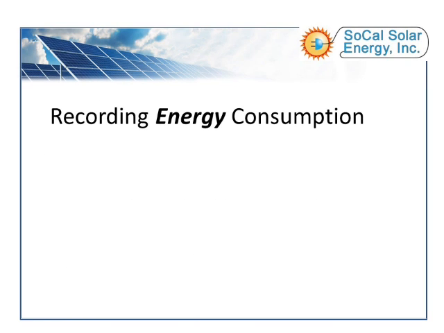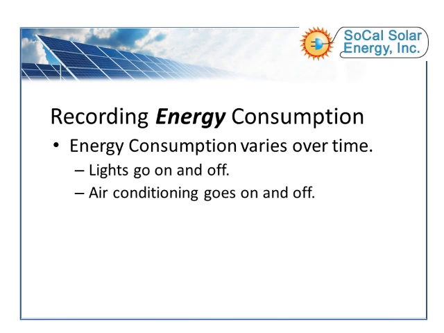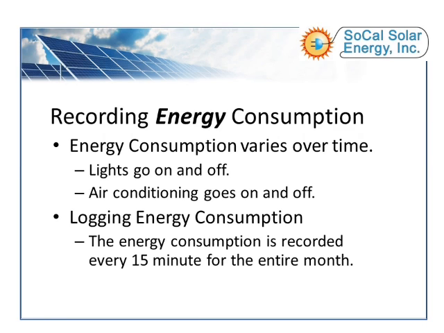How does the utility company record energy consumption? Energy consumption varies over time. Lights go on and off. Air conditioning, on and off. The consumption is logged sequentially every 15-minute time period for the entire month. The first logging is the energy consumption for the first 15 minutes of the first day of the month.